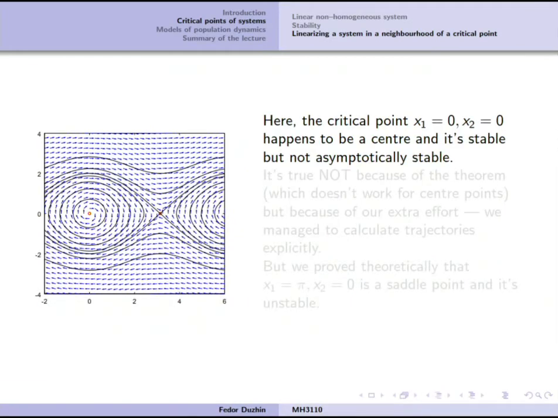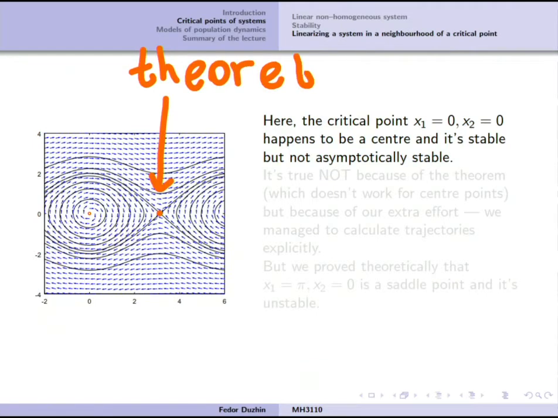So hooray! This is (pi, 0), and we have theoretically proved that it is a saddle point. We proved it rigorously, like mathematicians do.